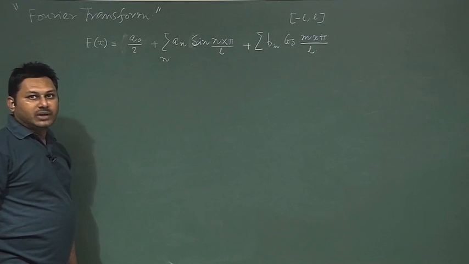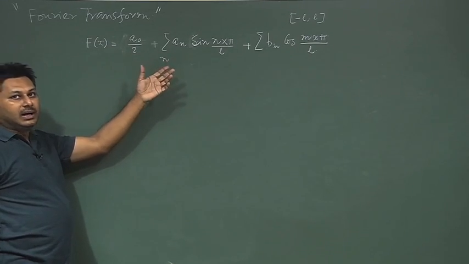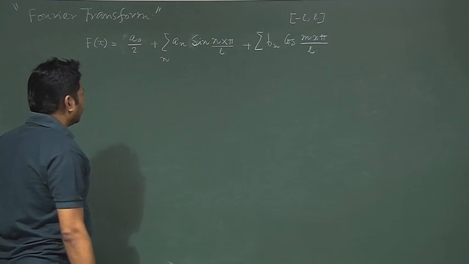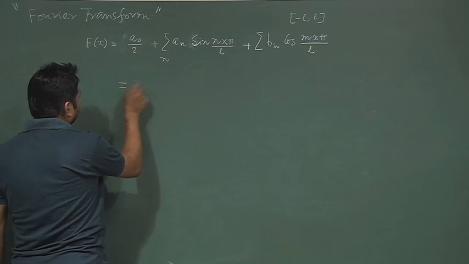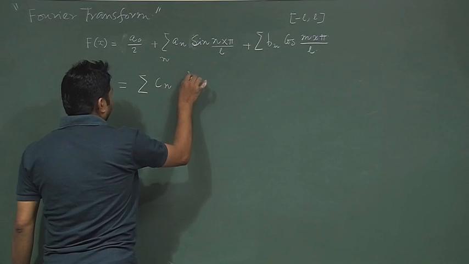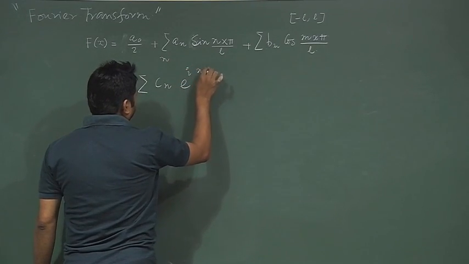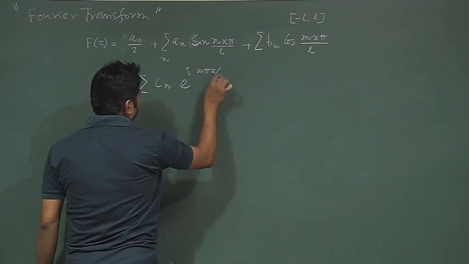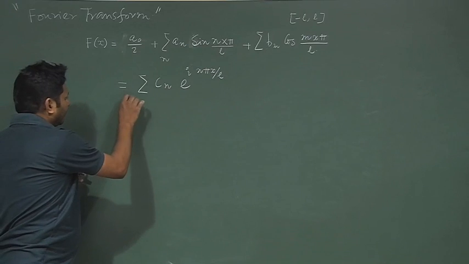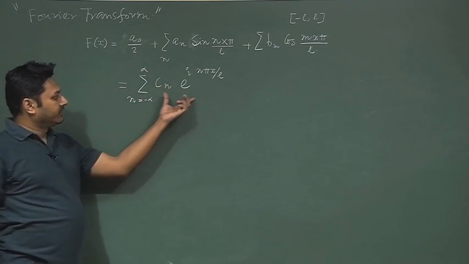Okay. Now I would like to write these things in a different way, and you can readily understand it. I write this as the whole, say, C_n e to the power of i n pi x by L, with n from minus infinity to infinity.